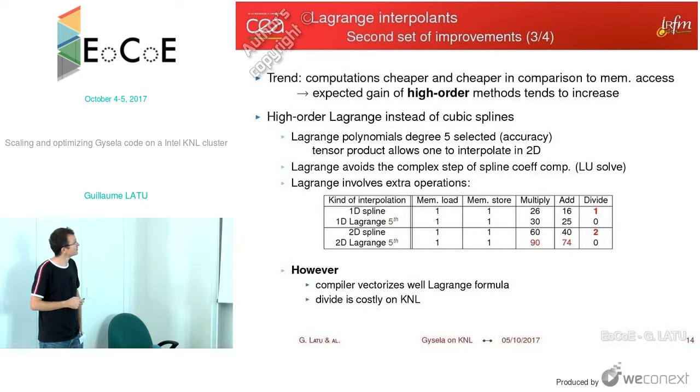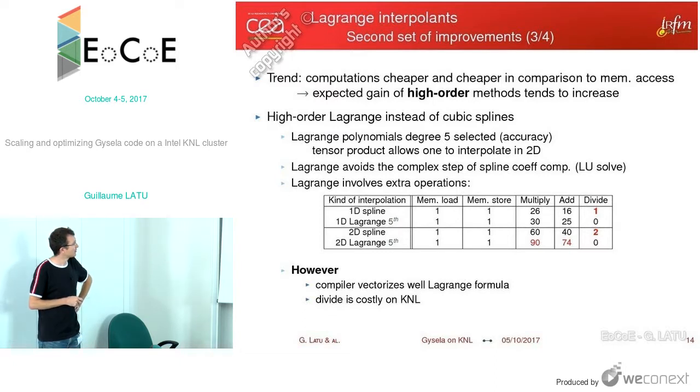So we used higher order Lagrange of degree 5 instead of cubic spline. It's a much more compact code, and the compiler is able to vectorize it very efficiently. Also, the Lagrange interpolator avoids the complex step of spline coefficient computation that includes an LU solve.